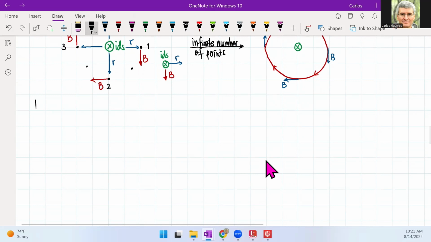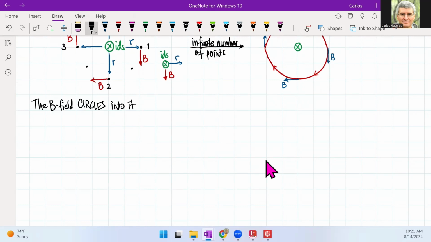So the B field circles into itself and goes around the wire carrying current.